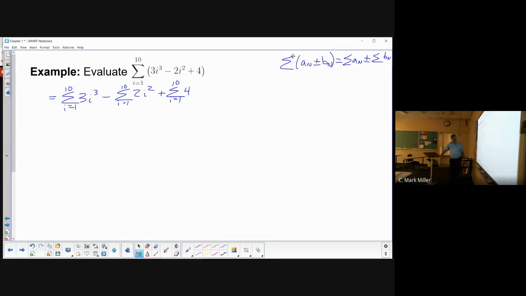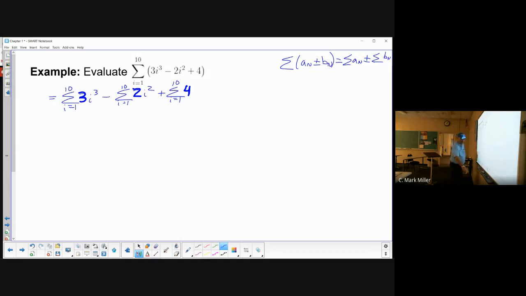Now, another property is that this 3, this 2, and that 4, any factor that does not depend on i, something that's multiplied, we can bring past the summation sign.